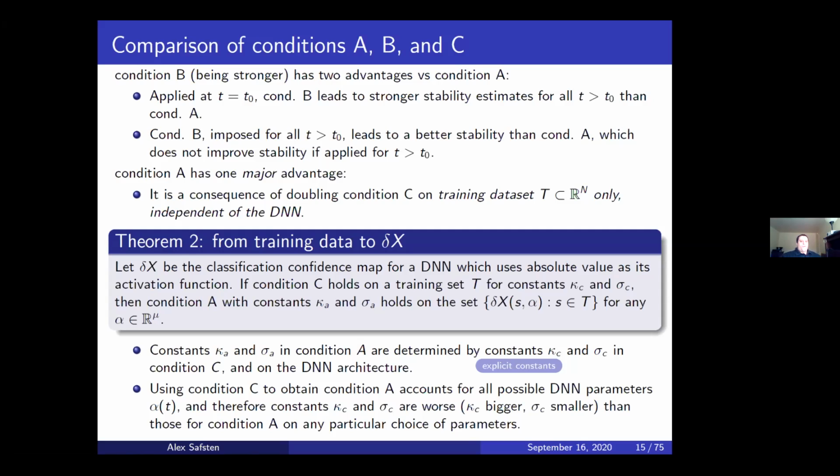Condition B also, if we impose it for all times, leads to an even better stability result, in fact, a dramatically better stability result than condition A. And condition A does not lead to improved stability at all if we apply for later times.